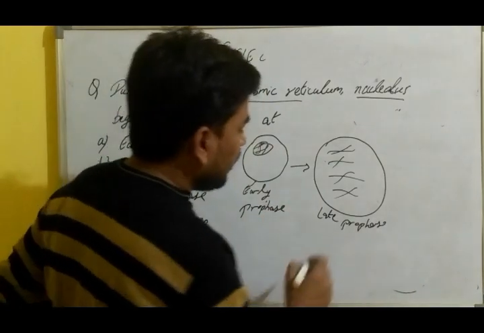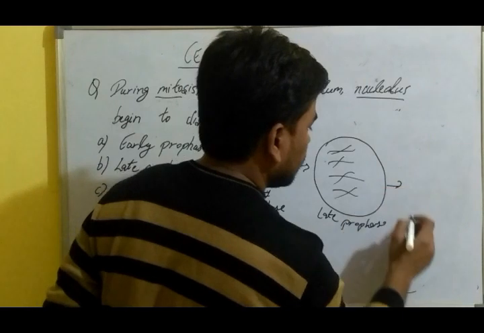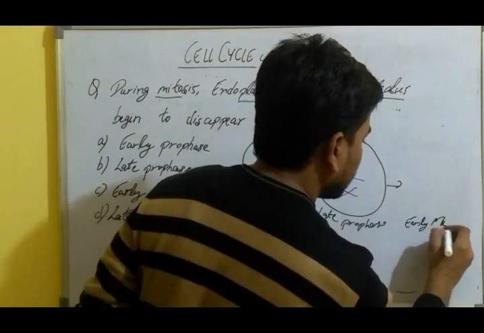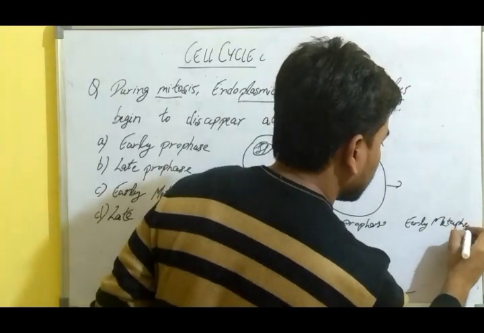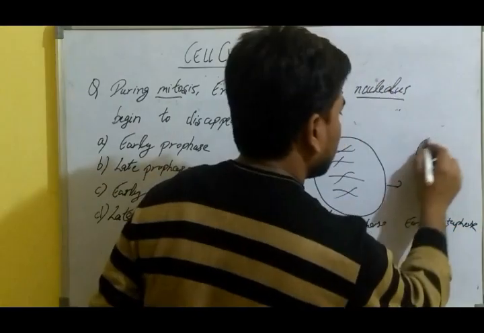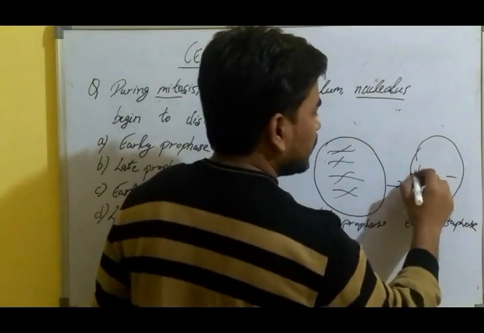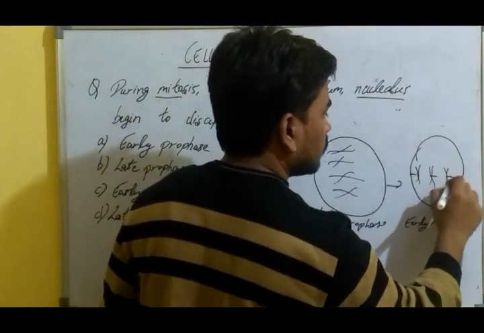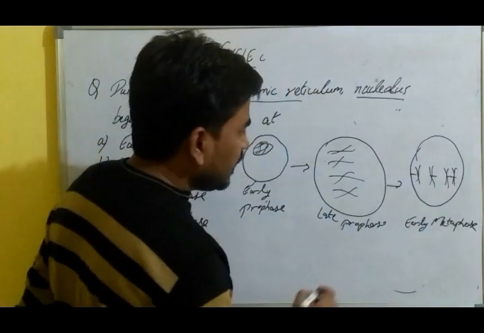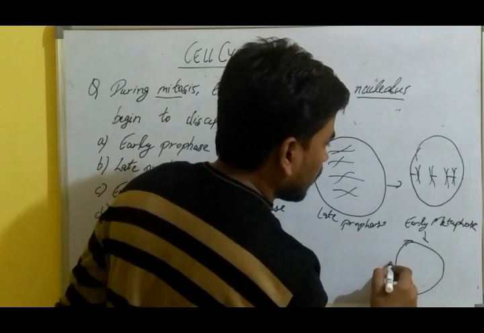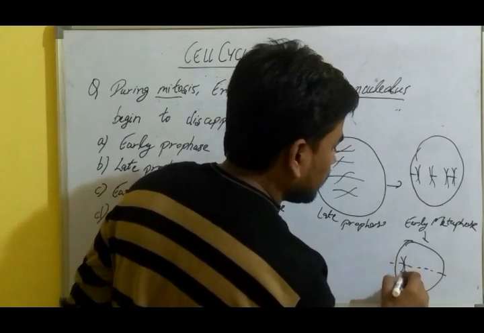After that, in the metaphase stage, early metaphase stage, the chromosomes will get arranged and the nuclear division takes place along with the cell.